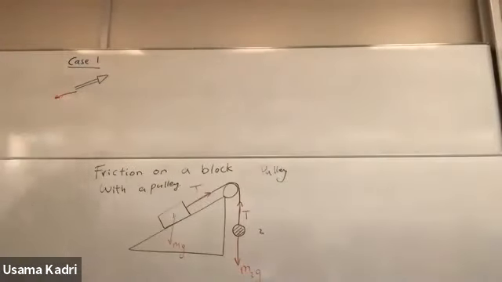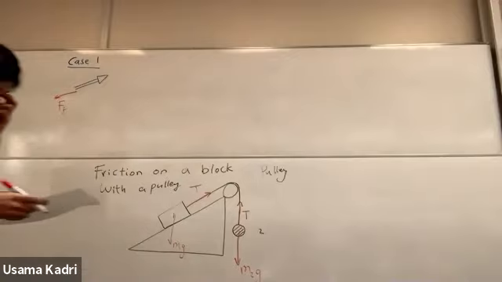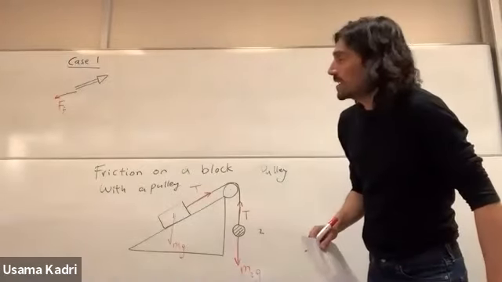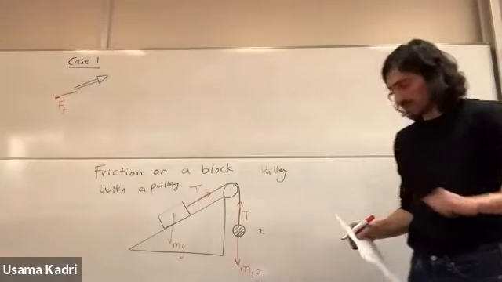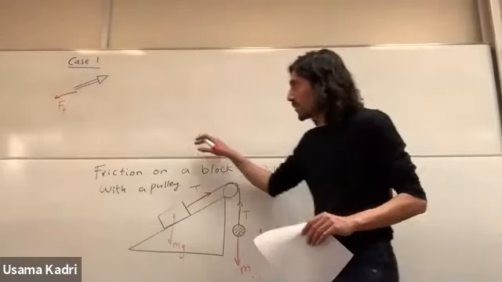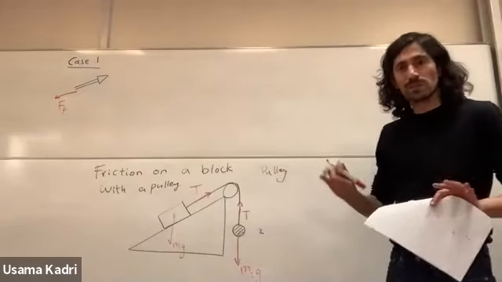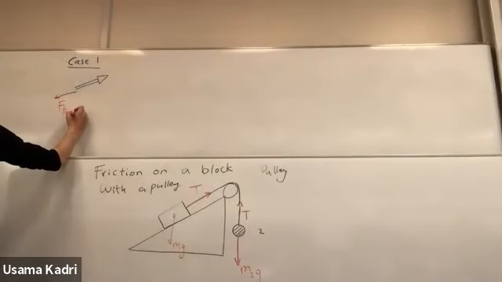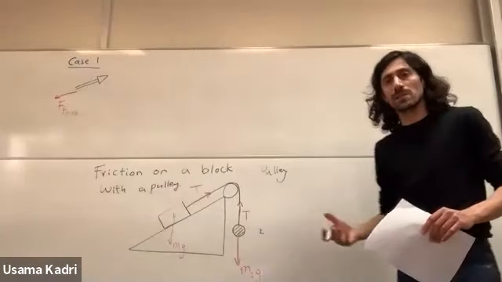In fact, let's start with the case where the system is just about to start moving. Just as in the previous problem, it's just before it starts moving, which means FF would be maximum. Why maximum? Because the friction coefficient µs is the largest.